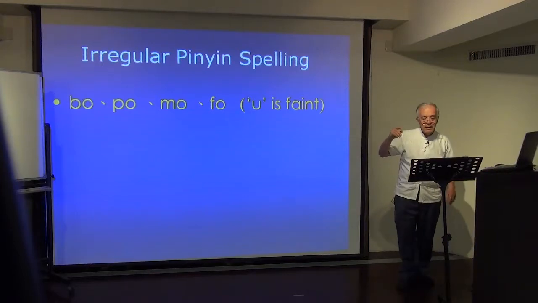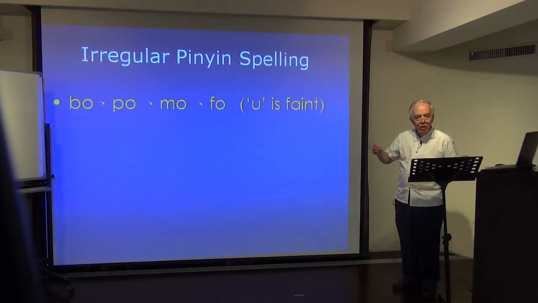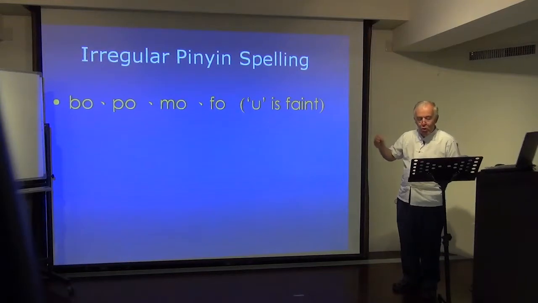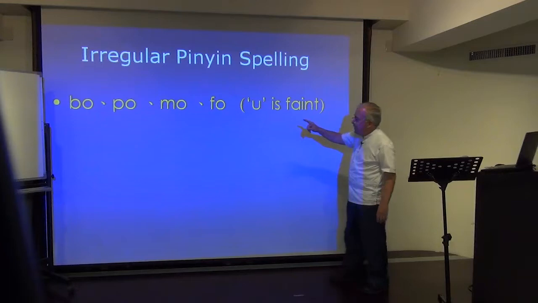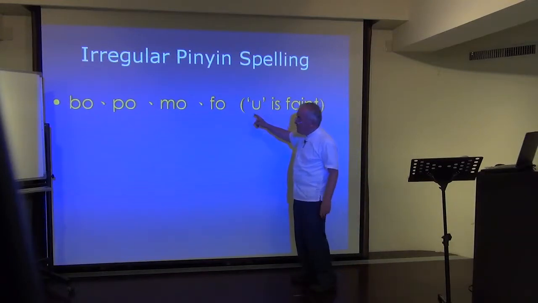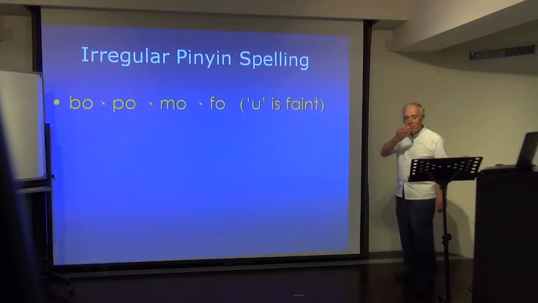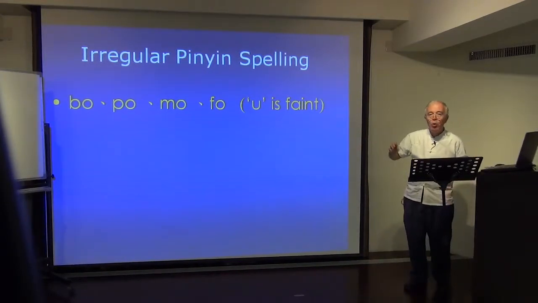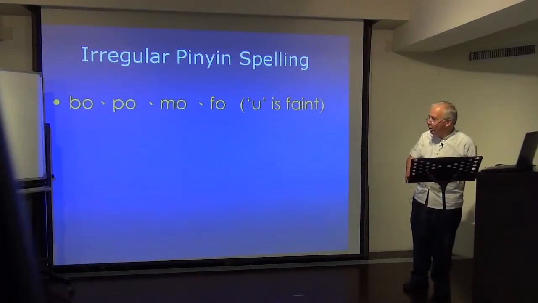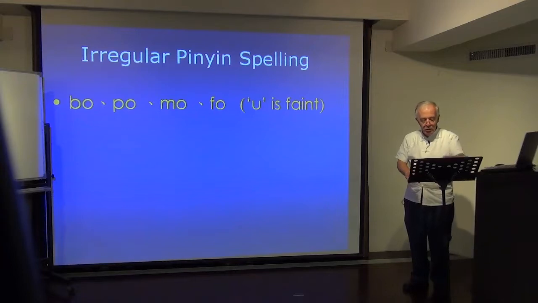Where if you take the word duo, it's D-U-O, nuo, N-U-O, zhuo, Z-H-U-O. But with B-P-M-F, there's no U there. The reason is that because B-P-M-F, bo-po-mo-fo is at the front of the mouth, the U is very faint. It's not buo, puo, muo, fuo. And so the pinyin doesn't use a U for these four consonants.